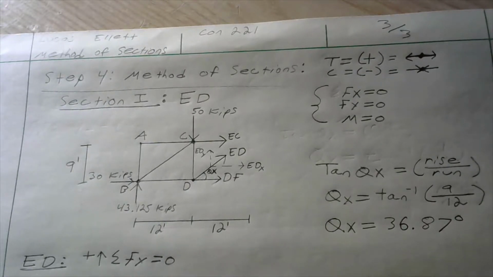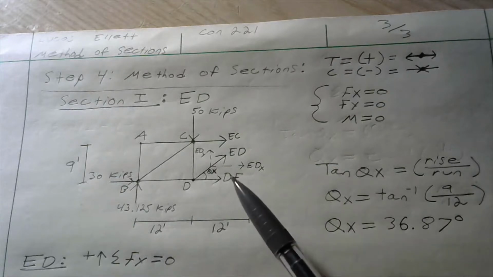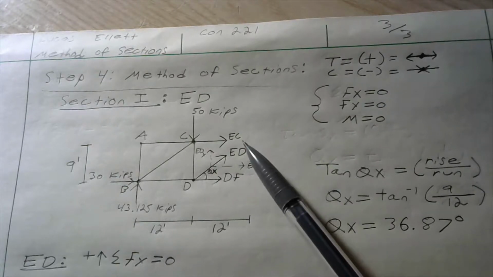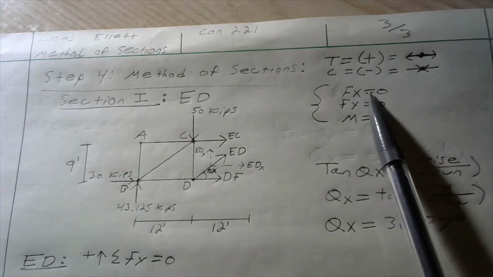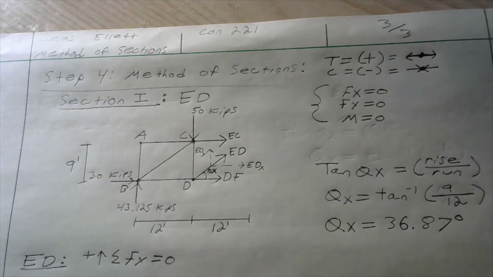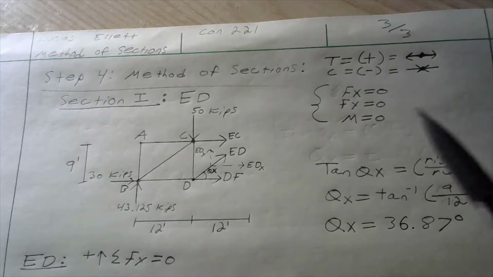A way to think through it is you're going to use whatever formula gets rid of the other two unknowns. The other two unknowns are DF and EC, and we want to pick a formula that will not include them. The problem with F of x is that all three would be included, and we can't find three unknowns in one equation.